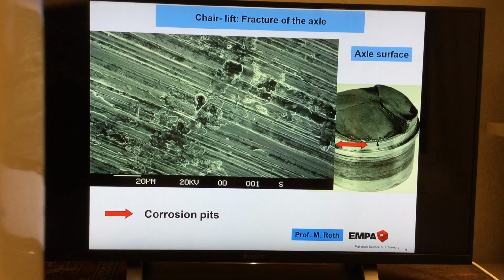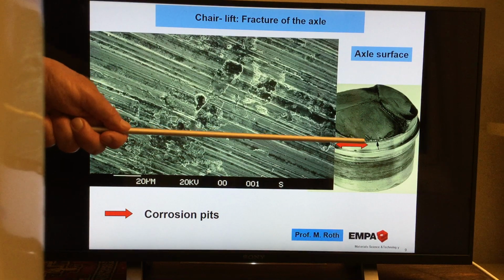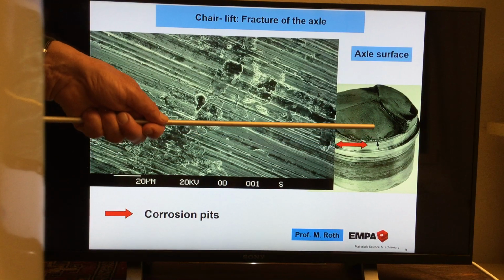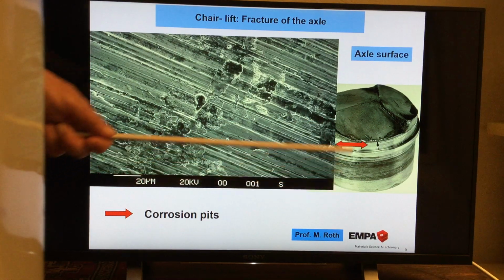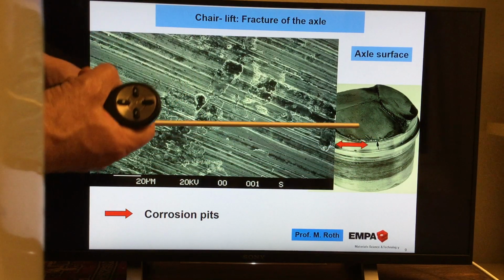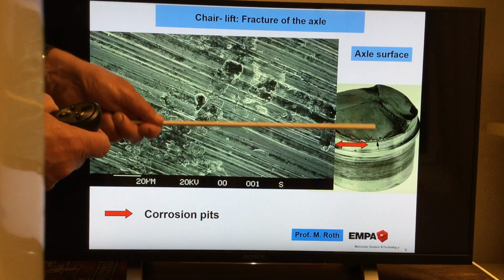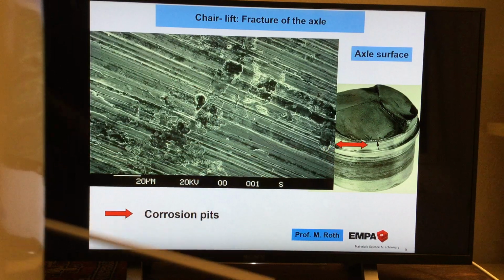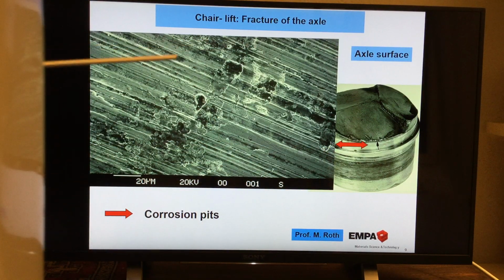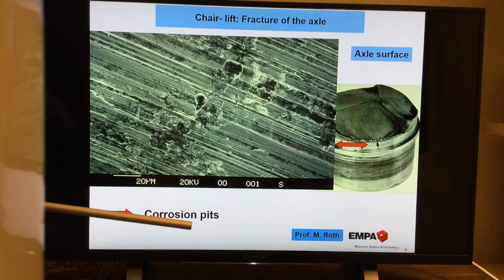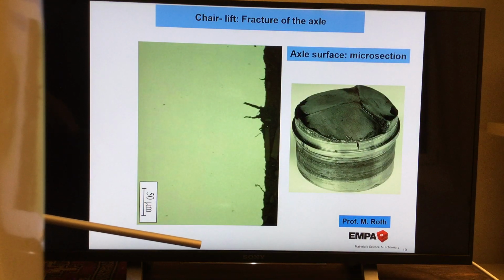But to get more idea what's going on about this mystery, it's a real mystery, the next step is to cut here inside, because when we cut here inside, then we can take out material, and we even can watch perpendicular to this area here inside in the material, and we can see what's going on underneath of these corrosion pits.